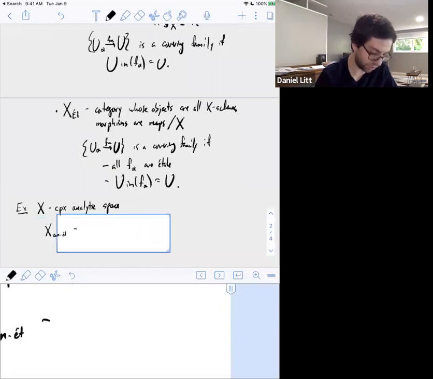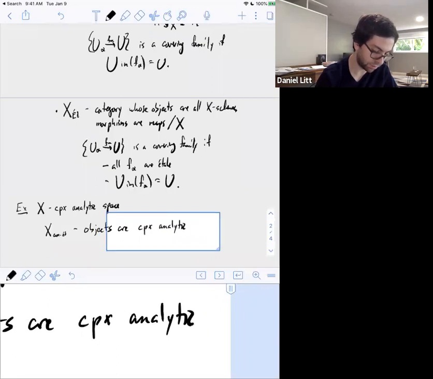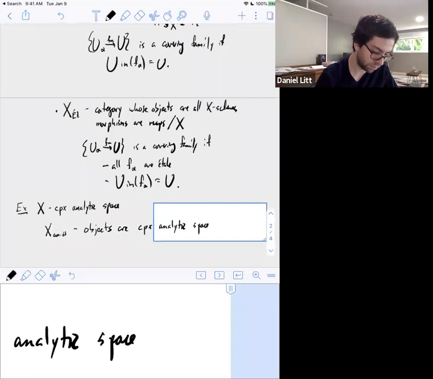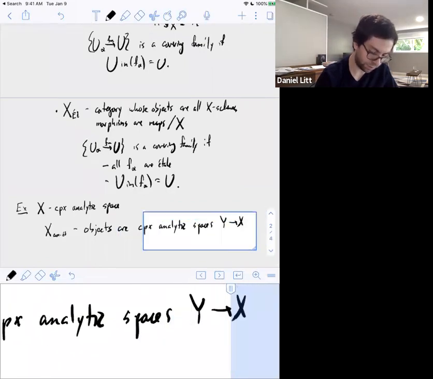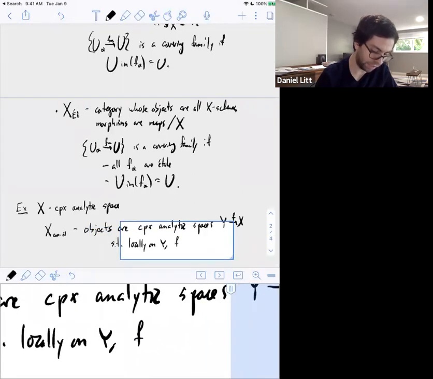So here as a category, the objects are complex analytic spaces Y mapping to X. So let me call this F, such that locally on Y, F is an analytic isomorphism.